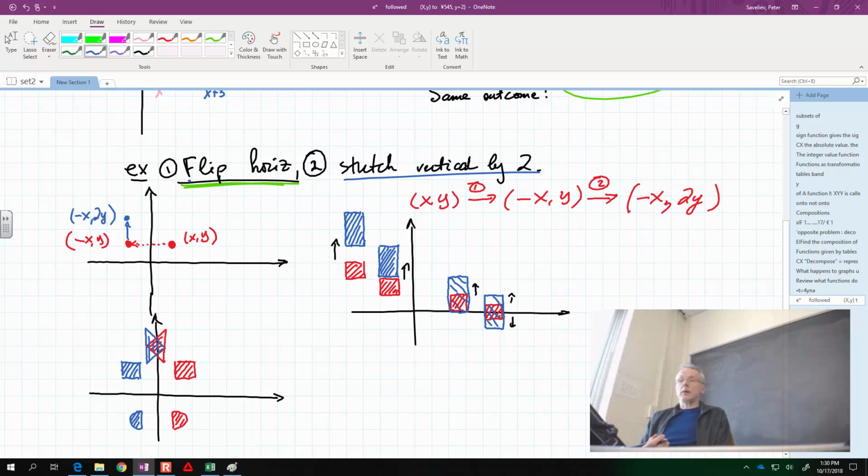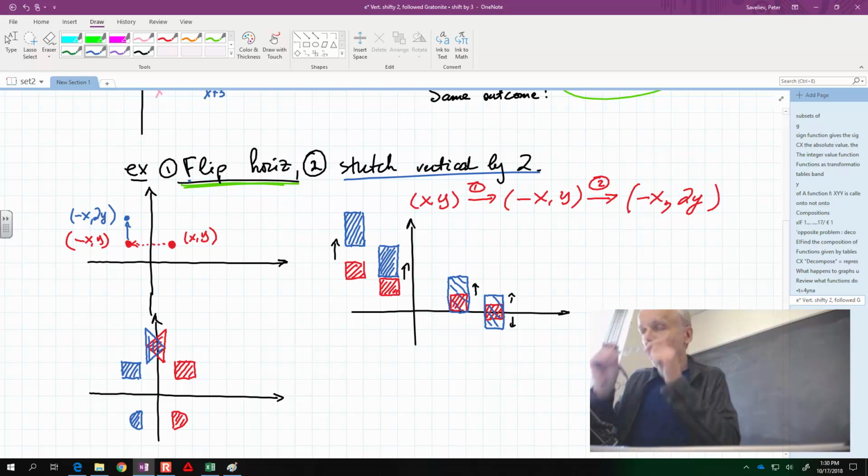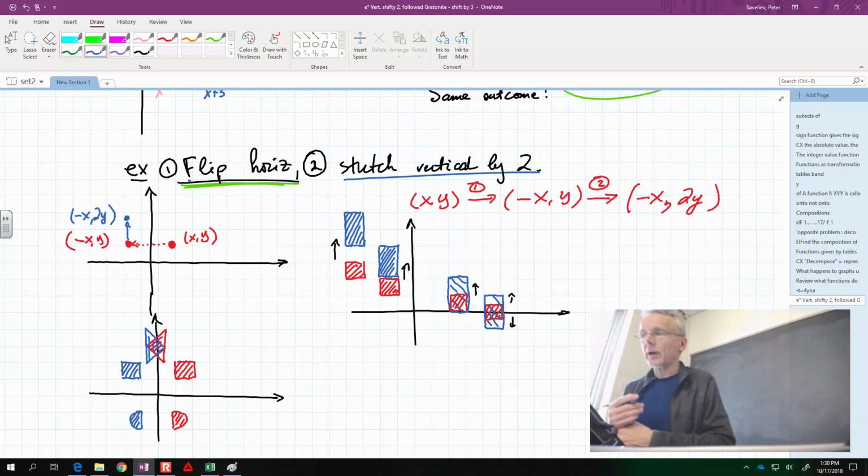So the main challenge is that I have to do it plotted on the screen. If you do it on a piece of paper and then you just start flipping it, you can see the effects of this very, very easily. The previous example is more challenging because it's not as easy to find a sheet of rubber that you can stretch proportionally and see the effect of these transformations. But at least flips and shifts are easy that way.